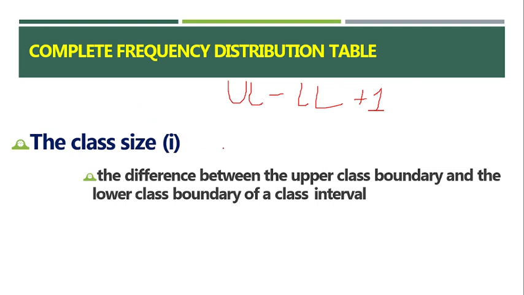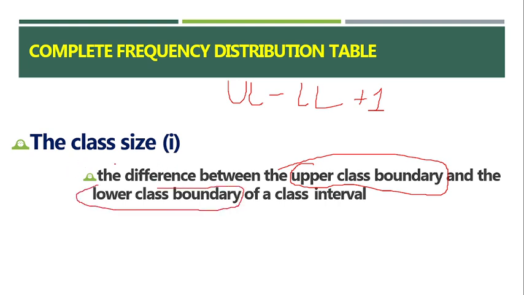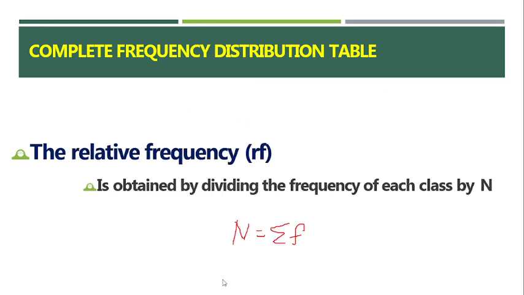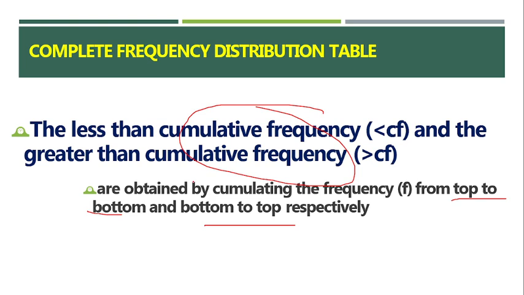Please take note, that only applies to the class boundaries. You subtract the upper class boundary and the lower class boundary. Later, I'm going to show you the difference. Okay, let's go. Now, cumulative frequency, and I'm going to show you how it is worked.